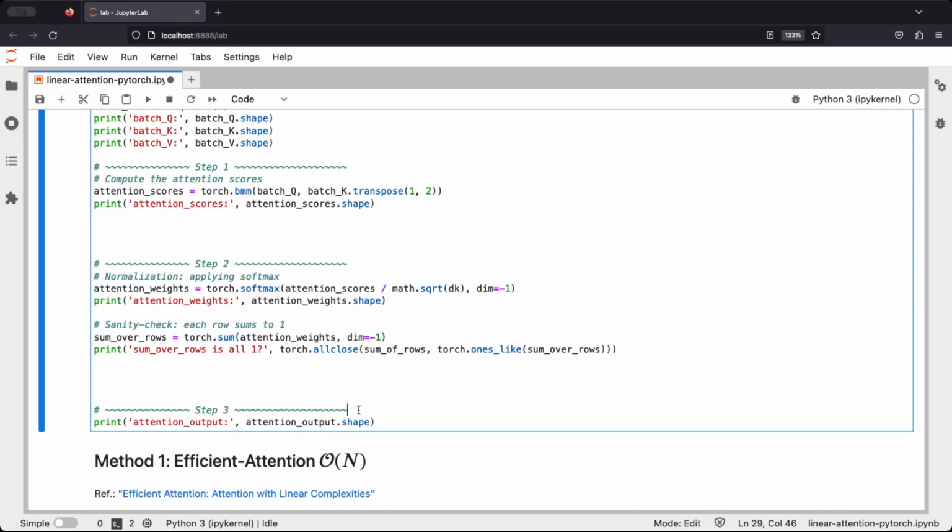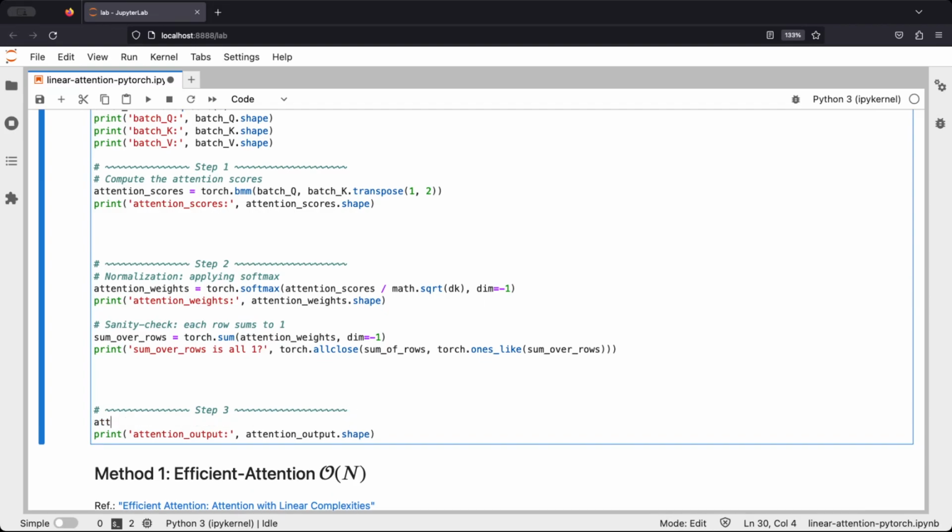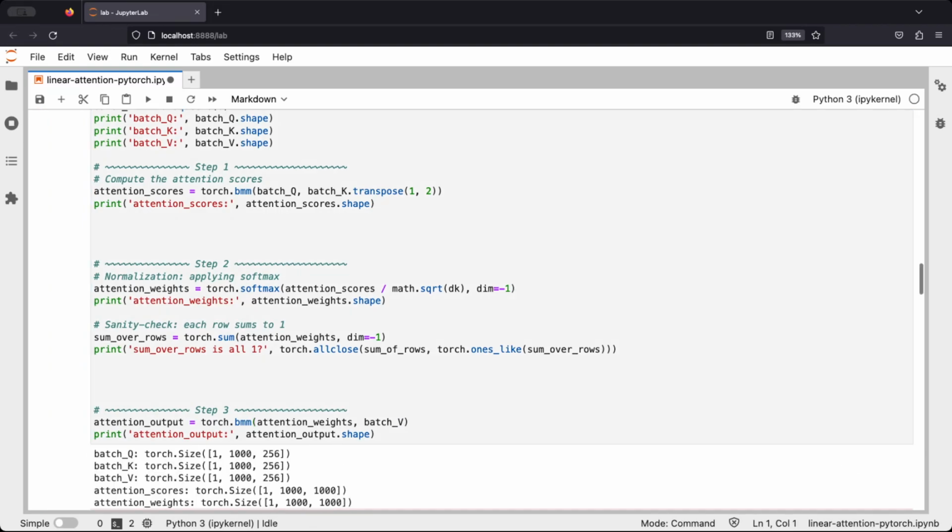And now in step 3 we can compute the attention output. So that is attention weights dot matmul with, oh, here is what I'm doing wrong. Since we have batch versions, we should use torch.bmm of attention weights, comma, batch v, and that will do it for the batch versions.